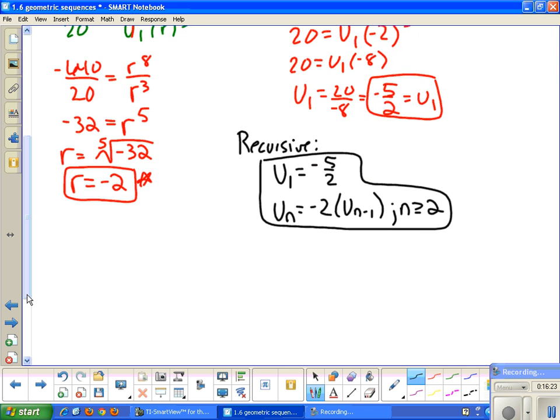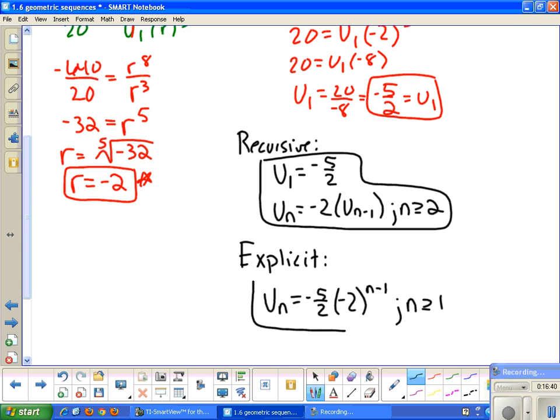And my explicit form would be: the formula for the nth term is equal to my first term, which is -5/2, times my common ratio to the n minus 1 power for values of n greater than or equal to 1.